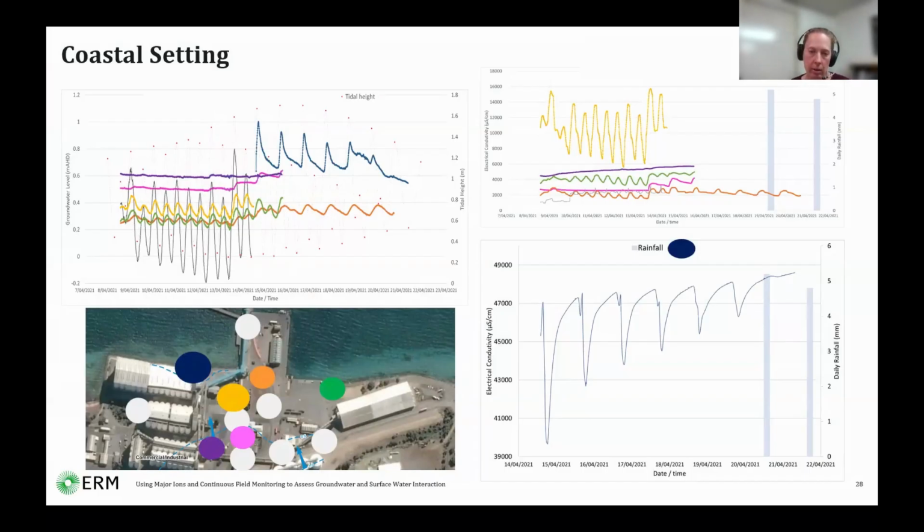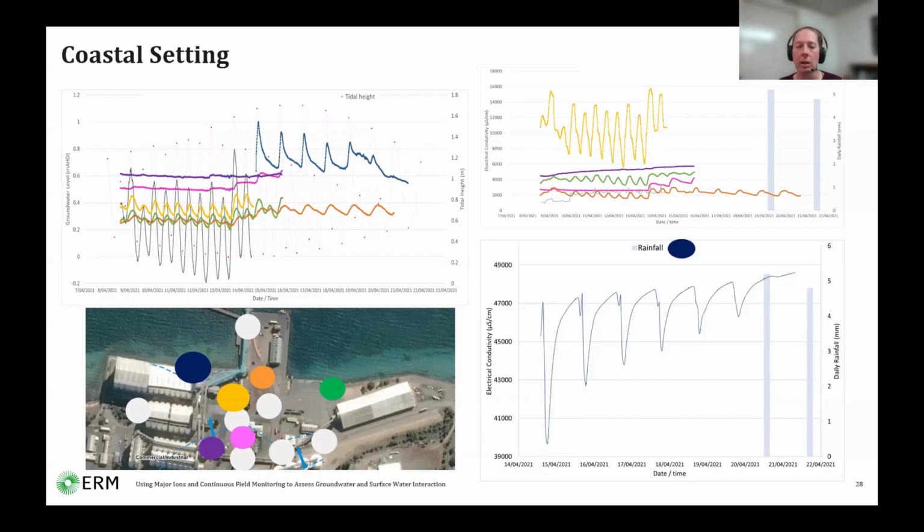In this case, the aerial imagery below shows that blue bore is much closer to the coast, and that's the bore that's showing the greatest response. And there's generally less response and less fluctuation due to tidal influences at the bores further inland, the purple ones.